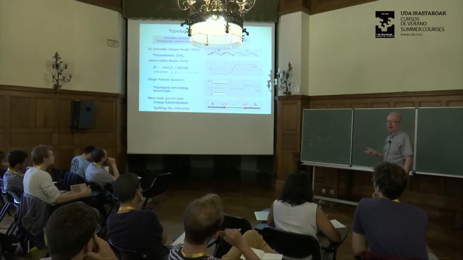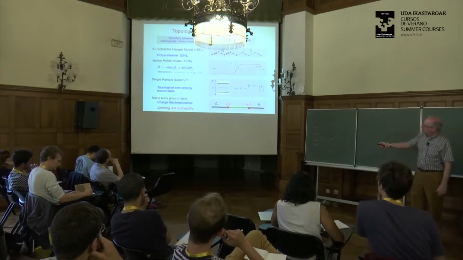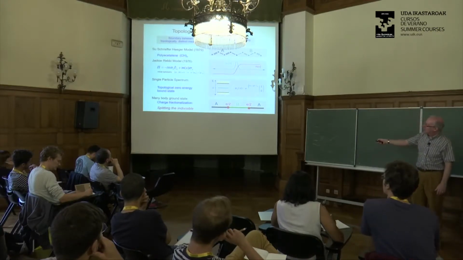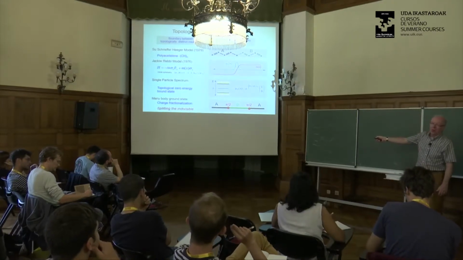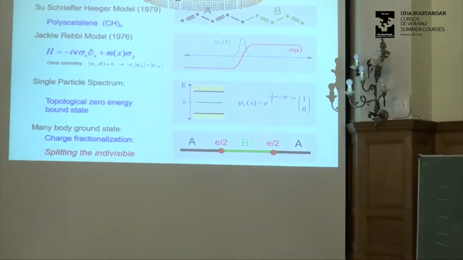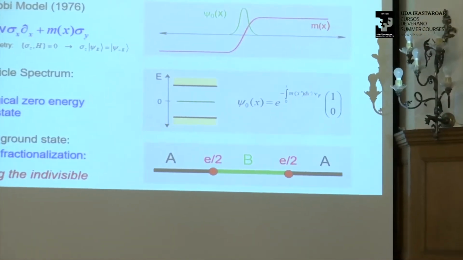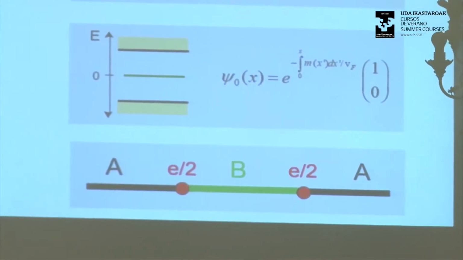Something very interesting happens. If I fill up all the negative energy states, then I can either put an electron in the zero mode or not. But because of the particle hole symmetric spectrum, if you turn the spectrum upside down, it looks the same. Then you know that the total charge has to go to minus itself.